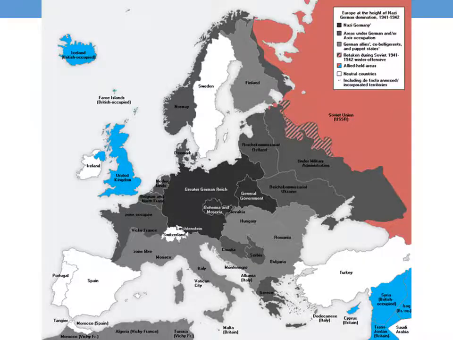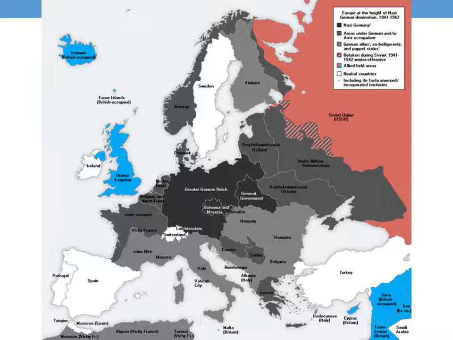So, beginning in the Battle of Britain, basically, as you see here, Europe at the height of Nazi German domination. At the beginning of the Battle of Britain, France has fallen, and you have Vichy France and that collaborative government, and then you have Western and coastal France, that is the occupied areas, the Netherlands and Belgium, Norway, Denmark, done.